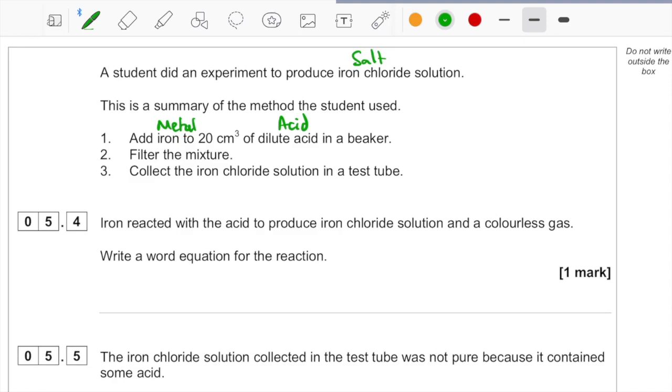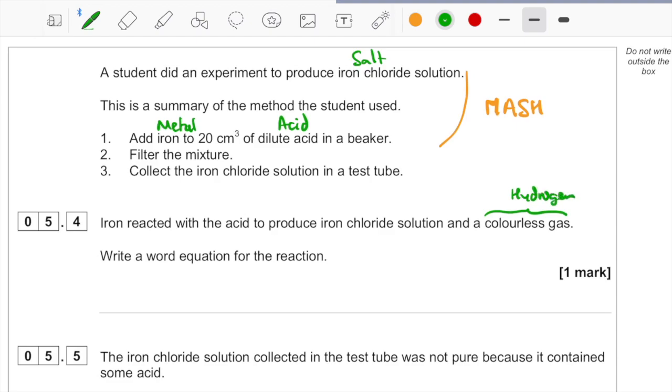Now, I'm hoping this will prompt you to think of the mnemonic MASH. Metal plus acid produces a salt plus hydrogen. And this is our colorless gas here. So our colorless gas is hydrogen.